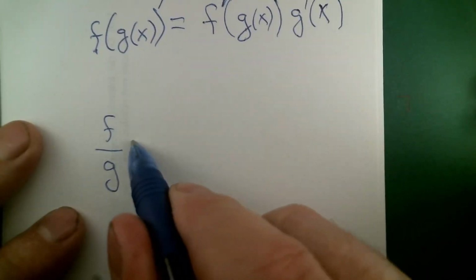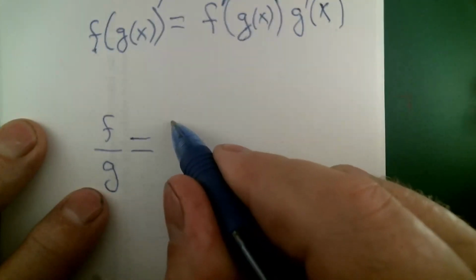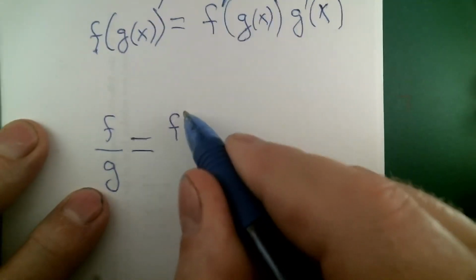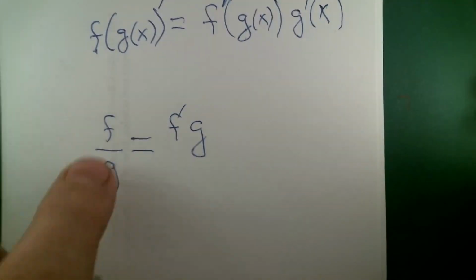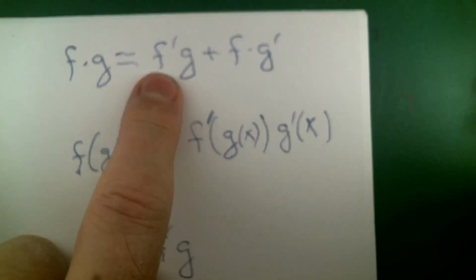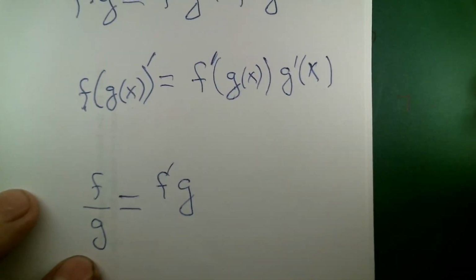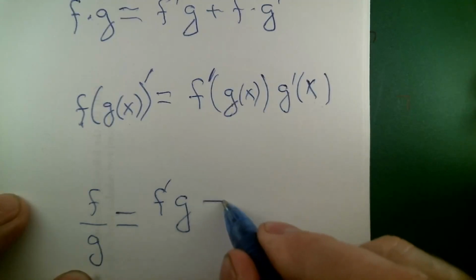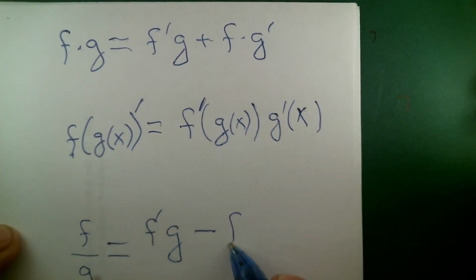Lastly, the quotient rule, f over g. Well, that is the derivative of f times g. You notice that's the same thing as in the product rule, f prime times g. It starts with the same exact thing, but it subtracts instead of adding. And then you actually have the same other term, f times g prime.